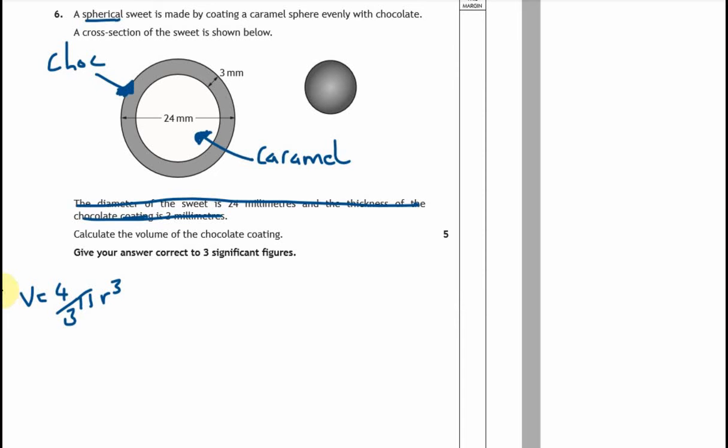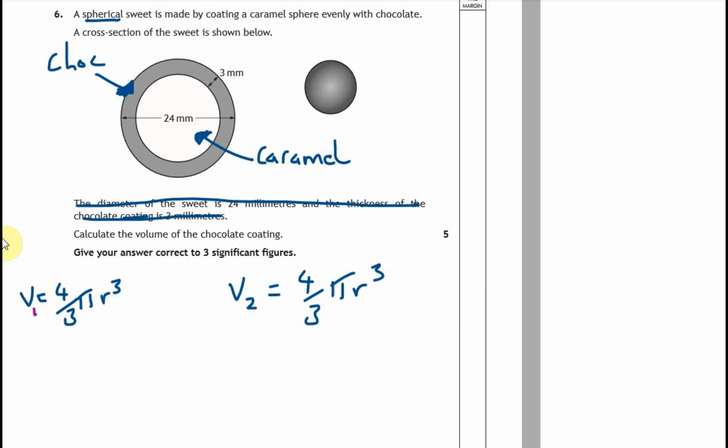So the volume of a sphere is 4/3 pi r cubed, and we're trying to work out the volume of this external section. Again, when you see two shapes together, you should be thinking, I'm going to have a volume 1 and a volume 2.